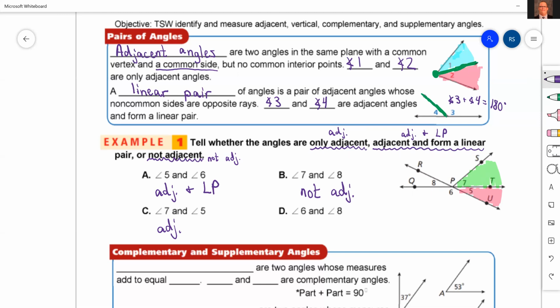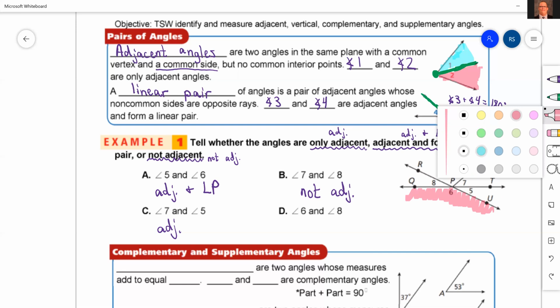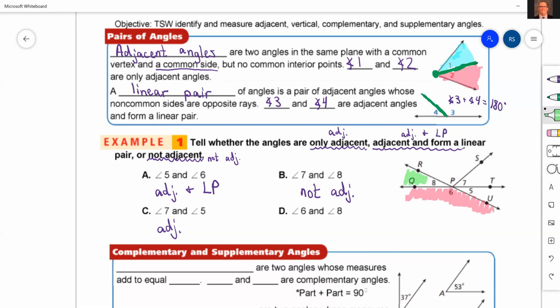And then 6 and 8. So 6 is this whole big angle, and 8 is this one. Well, again, what do y'all think? Yeah, they're certainly adjacent.